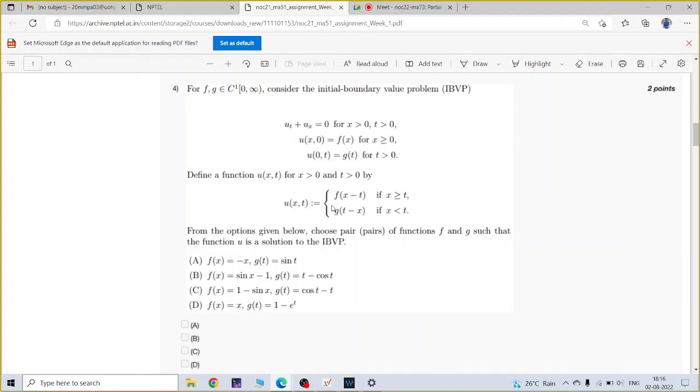Now the solution is given as u(x,t) equal to f of x minus t when x is greater than or equal to t, and g of t minus x when x is less than t. So now from the given 4 options we have to find the pair of functions for which u is a solution of this differential equation.